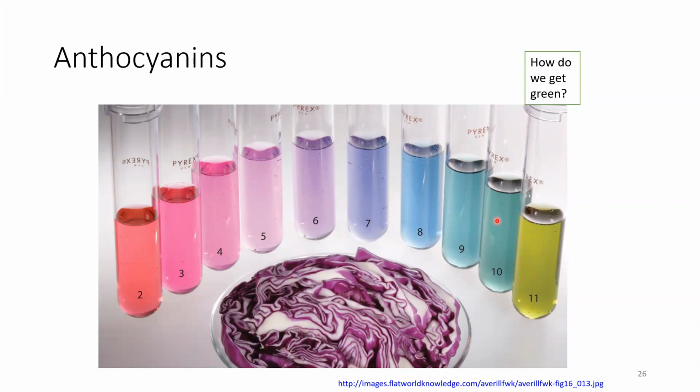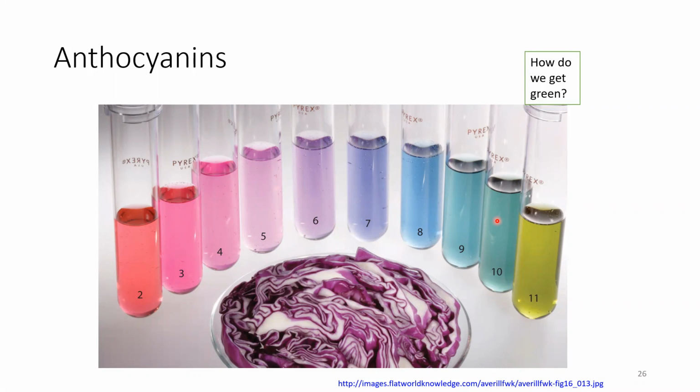So the question I wrote on there is, how do we get this green to show up? Anyone have a thought about that? It could be chlorophyll.